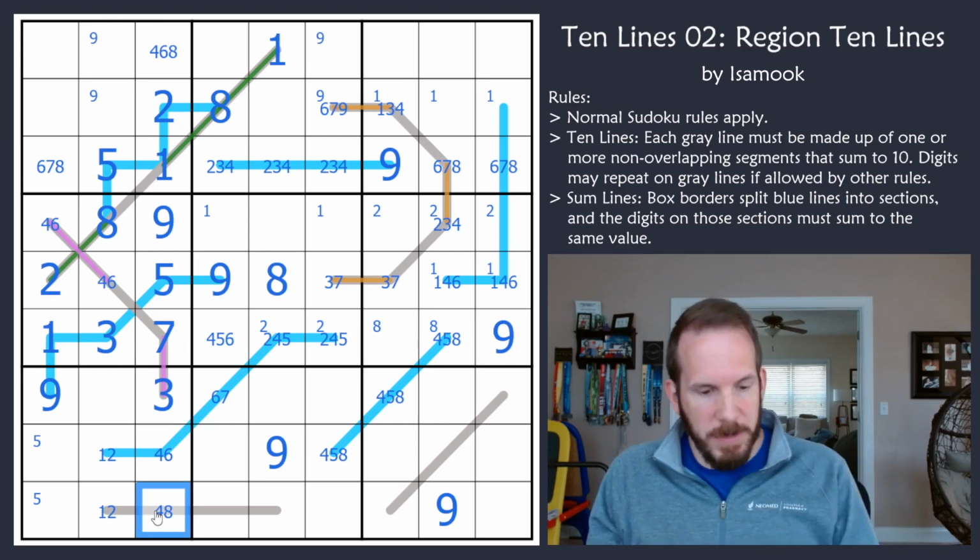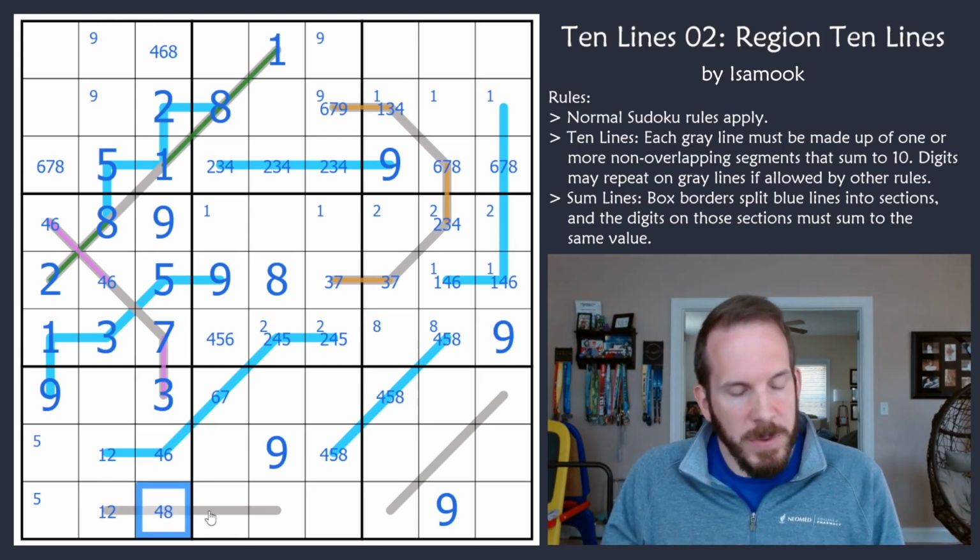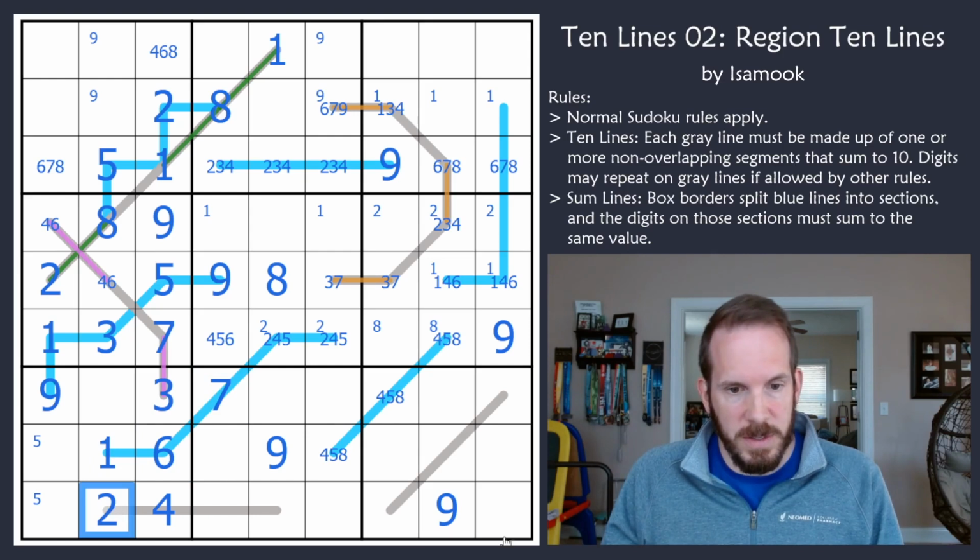I think it's probably obvious, but if I put an 8 here, and this is a 2, just to make this 10 line work. If I put a 4 here, this needs to be a 6, then this would have to be a 7, so we need a 1 here, and this is still a 2. Nice. So we've got, this is a 2 and a 1.